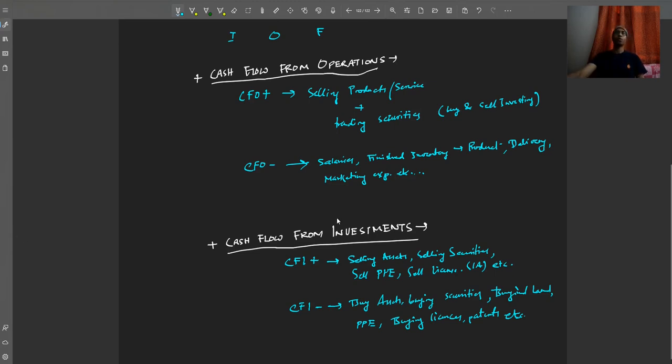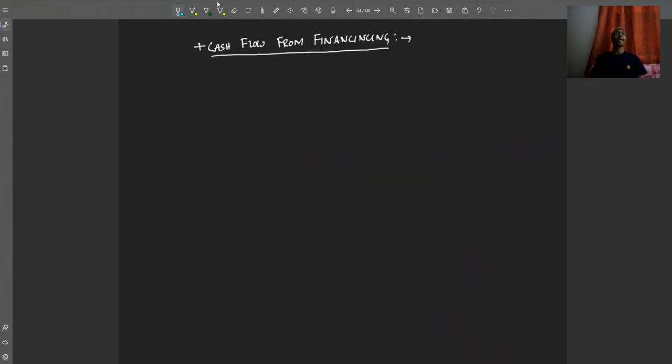Now we will go into the next step, which is cash flow from financing. Cash flow from financing activities. So first let's take a few examples, friends, of cash inflows from financing. What can they be? Issuing debt, issuing bonds. They basically mean the same thing.